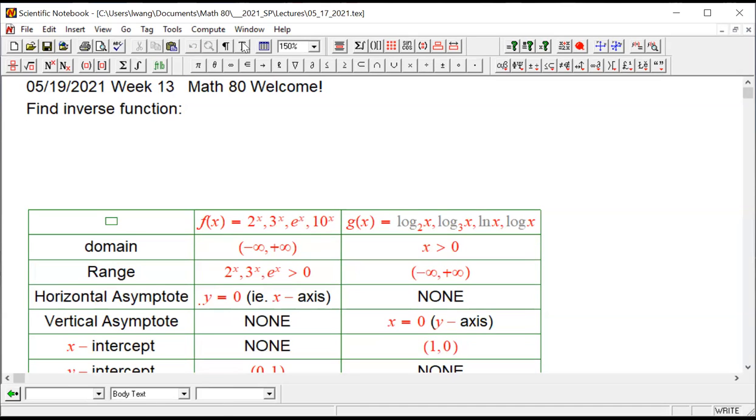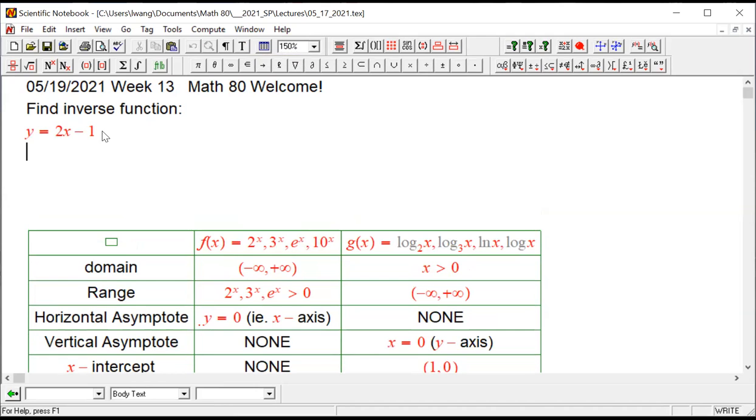For example, suppose I give you a function, y equals 2x minus 1, okay? If I tell you this function has an inverse function, suppose I call this function f of x, and this function has an inverse. Would you find it?